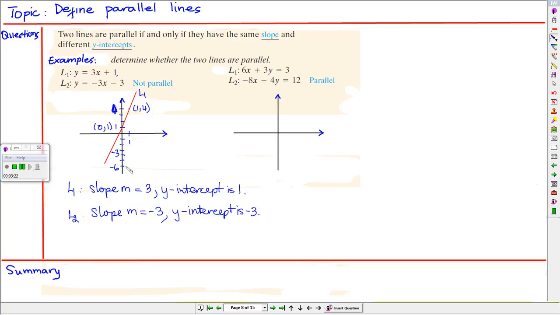Then we go to the right by 1. So this point will be 1, -6. Now we plot 2 points, 1, -6 and the point 0, -3, and that will give us line number 2.